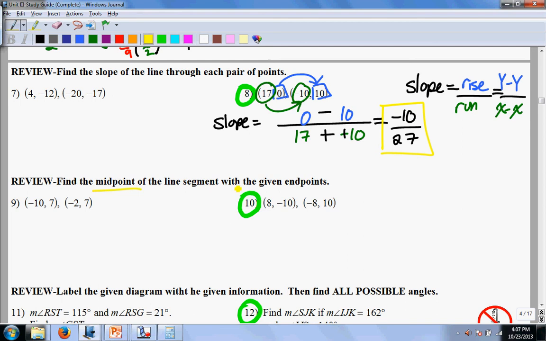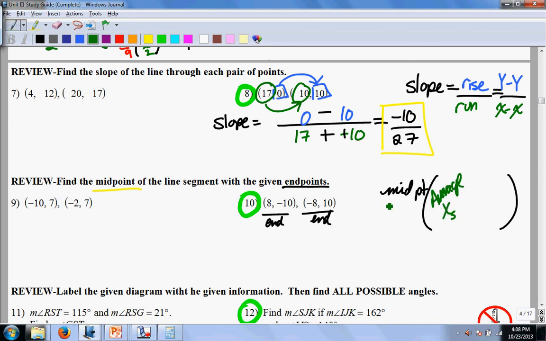So find the midpoint of a segment with the given endpoints. So both of these are end points. And to find the midpoint, all you do is you average the x's and you average the y's.